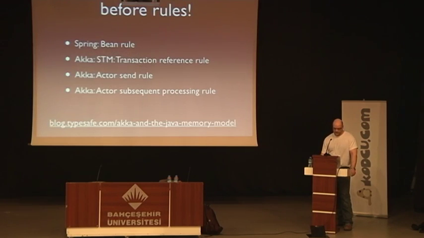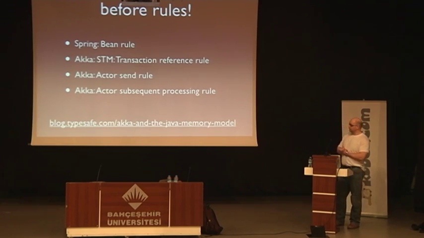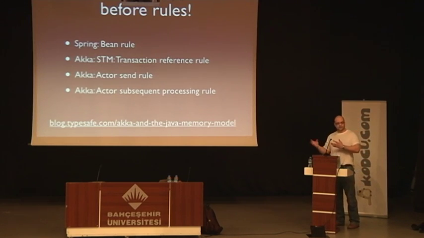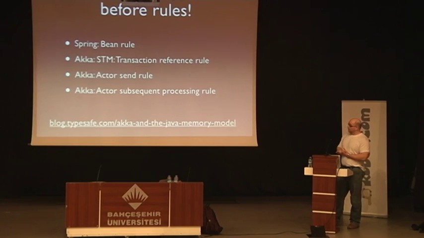The cool thing about these rules is you can define your own rules on top of lower rules. For example, you have the Spring bean rule. The Spring bean rule means that a bean that has been created within one thread is going to be correctly visible in another thread when it's going to be used. For Akka, I defined the transaction reference rule.